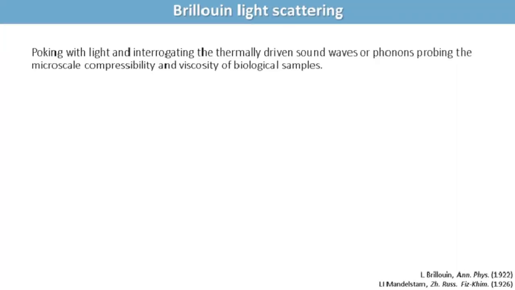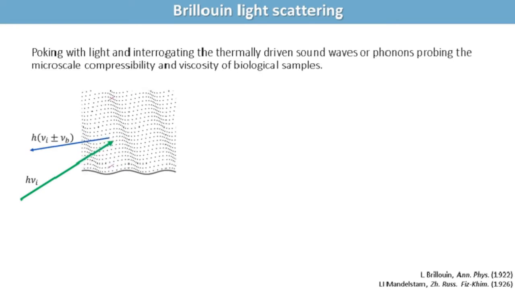So in Brillouin light scattering, what is this technique? Similar to a palpation test, this technique uses light to investigate the interaction with refractive index fluctuations, which are caused by the propagation of thermally driven acoustic waves, or phonons, in the material that probe the acoustic landscape in terms of compressibility and viscosity on a micro scale.